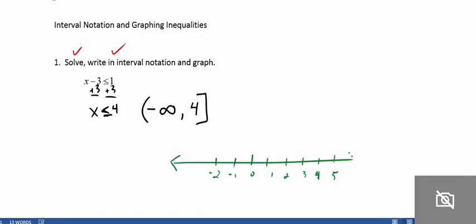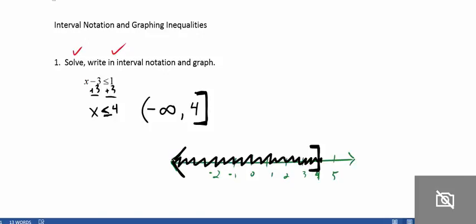You're given these, and you have to graph this set. Here's what the book does. They shade all values that are less than 4 and include 4, and they do the same thing that interval notation does. They use a bracket if that 4 is included and shade all the values that are less than. That's the graph of that.